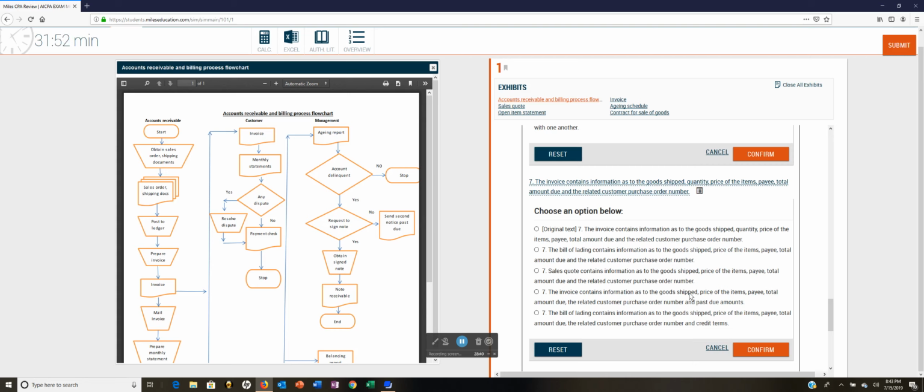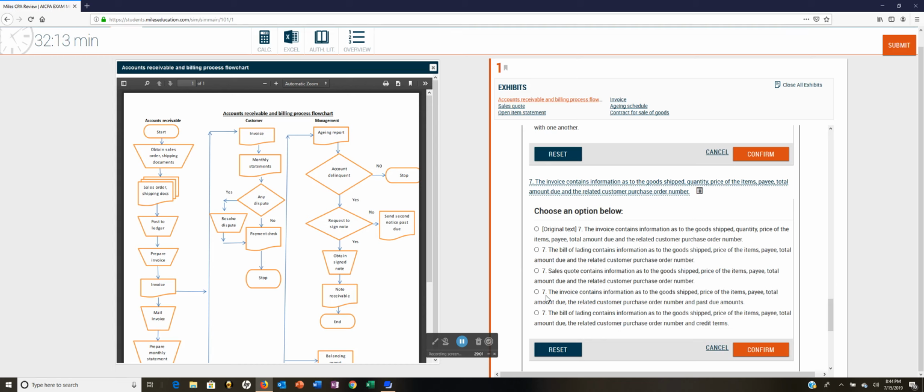Well, they sometimes do, but that certainly looks close to the right answer. And then finally, the bill of lading contains information as to the goods shipped, price of items, payee, total amount due. We know that's not the right answer because the bill of lading only shows the amount shipped.